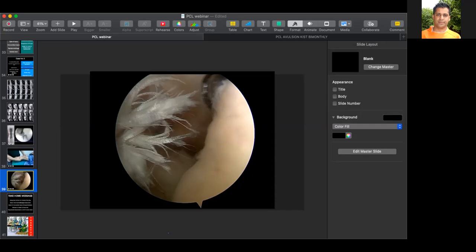Okay. Now, sir, Vijayendra, I have a question. One question more, Vivek. So in chronic PCL avulsion cases, regarding the tunnel, is there any consideration in chronic PCL avulsion injury? Amit sir, please take it. I didn't understand the question.